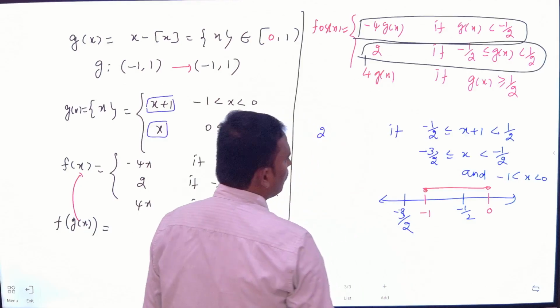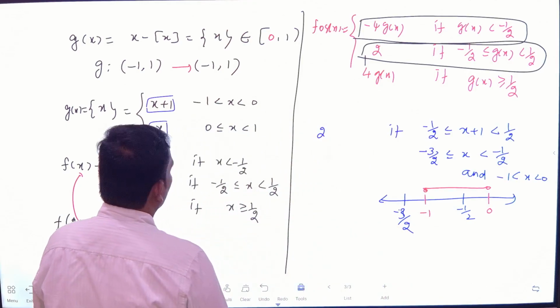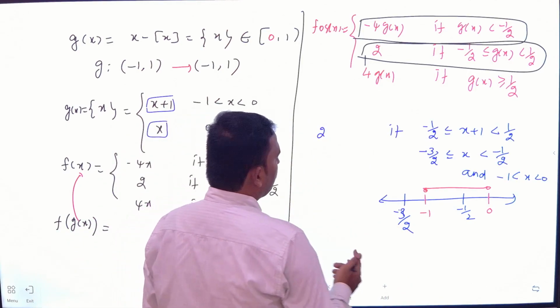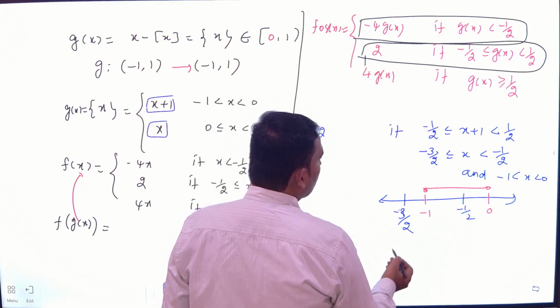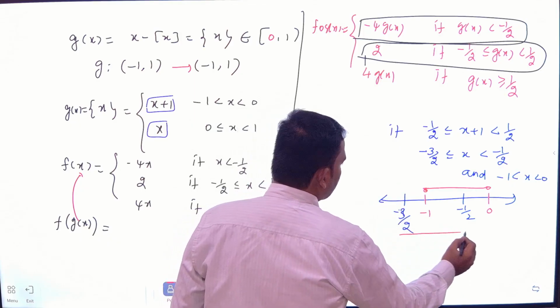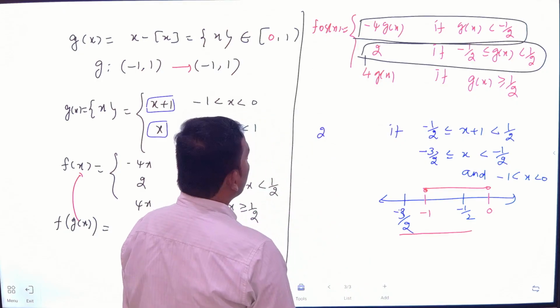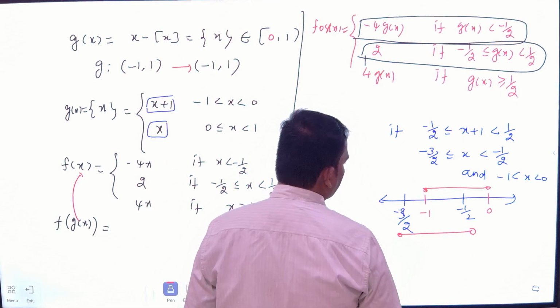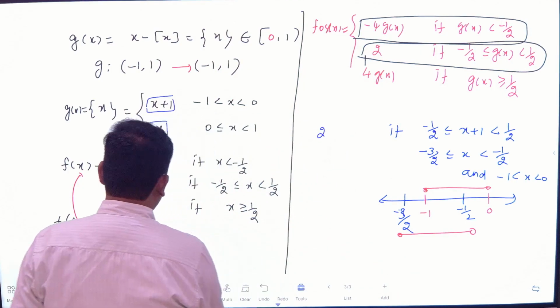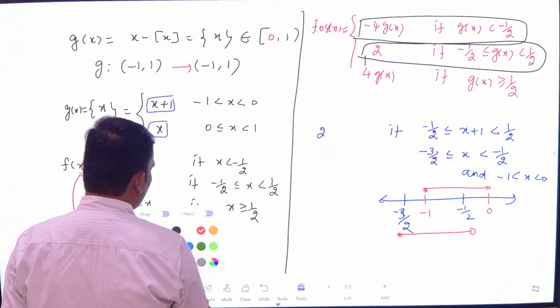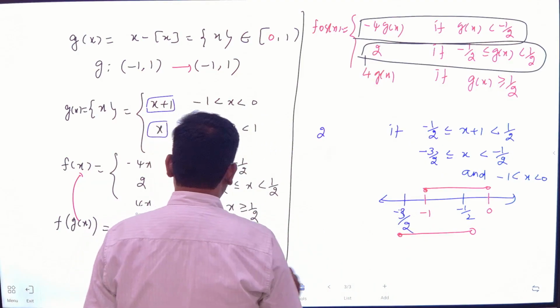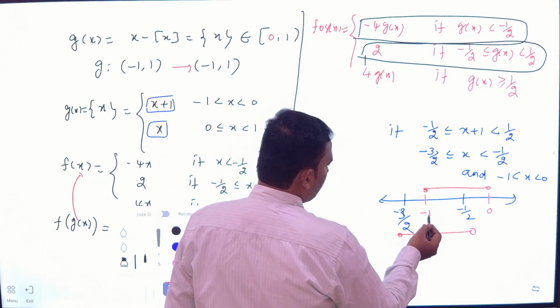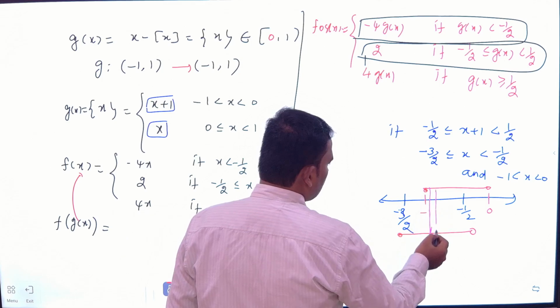So both are open intervals, right? Open interval. And minus 3 by 2 to minus 1 by 2: minus 3 by 2 is included, right? And minus 1 by 2 is not included, right? Minus 1 by 2 is not included. Yes. Which is common here? You can see the common elements. You can find out quickly. So which is common? You can see minus 1 to minus 1 by 2, right? This is your common.